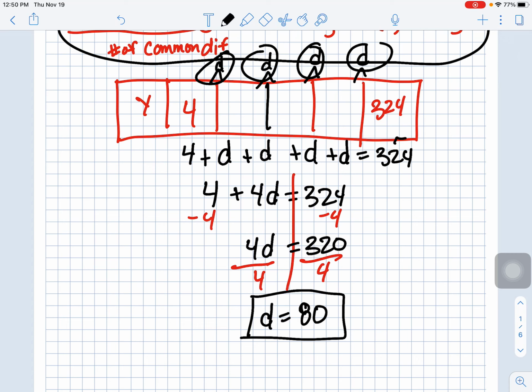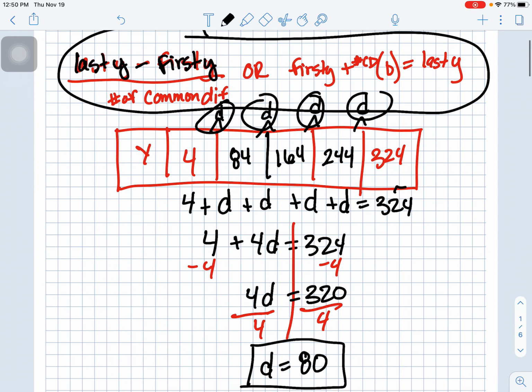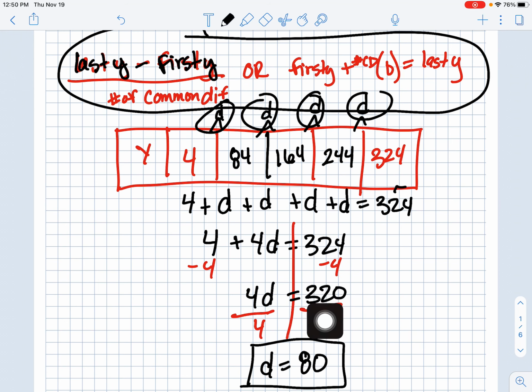And then I can go ahead and use it to fill in the table. 4 plus 80 is 84, 164, 244. So what I've done up here at the top is I've given you a shorter version. If you take the last output, which was 324, and you subtract the first output, which was 4, that gives you 320.